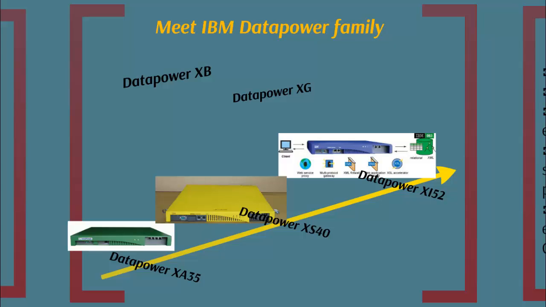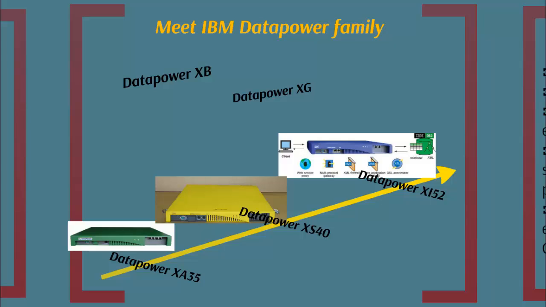Now I would like to pause for a moment and tell you about DataPower product evolution. We have discussed XA35 and now we are discussing XS40. Is there any appliance that sits in between? The same question appears for XS40 and XI52.